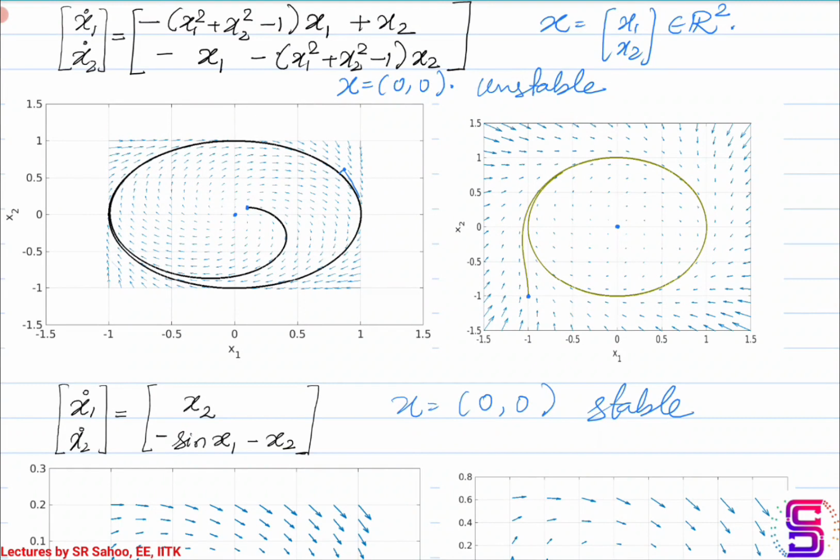Okay. The classification of node and focus, we'll do it when we see linearization, and we'll see on the basis of linearization how we can conclude whether an equilibrium point for a nonlinear system can be classified as a node or focus or center or a saddle or not.